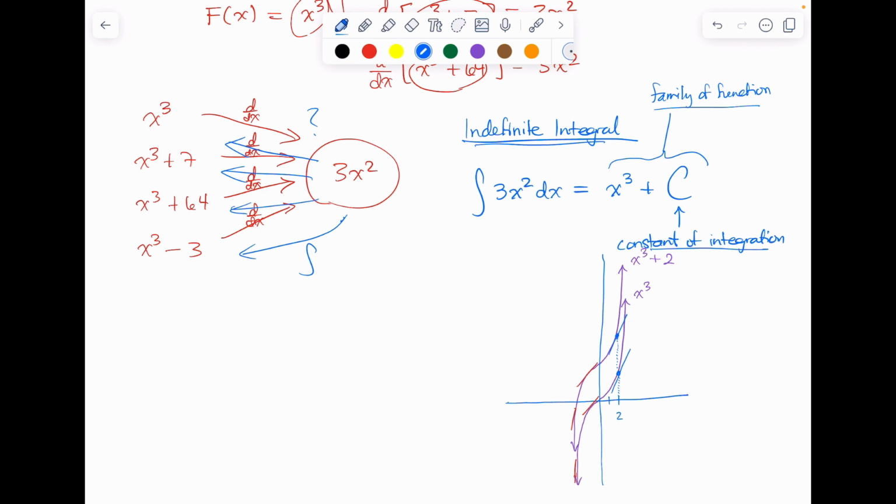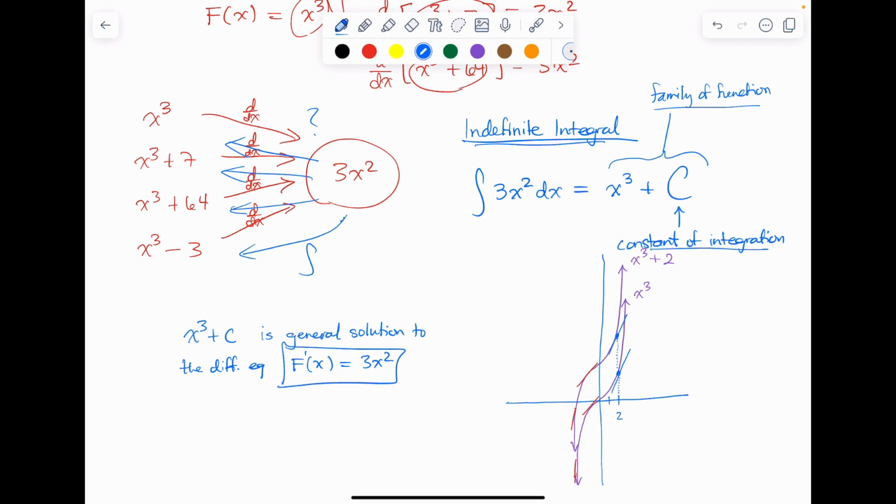So we could say that x cubed plus c is what we would call the general solution to the differential equation capital F prime of x equals 3x squared. So this is what we would call a differential equation.